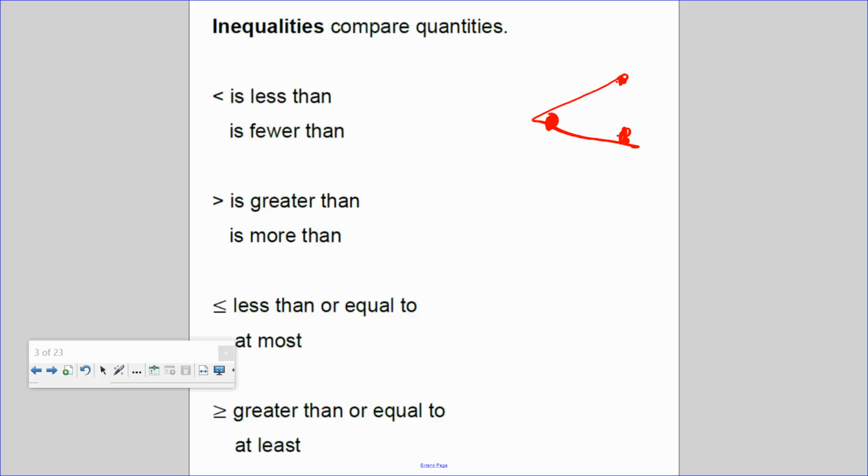So greater than, this is the greater than symbol. It can also be more than. This is the less than or equal to. It could be also at most. And last but not least, this is the greater than symbol or equal to. It can also be worded with the word at least.